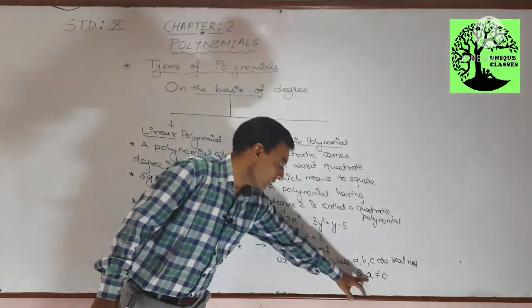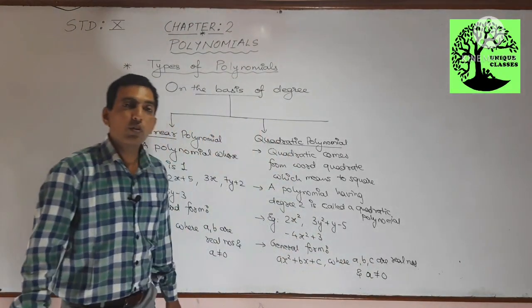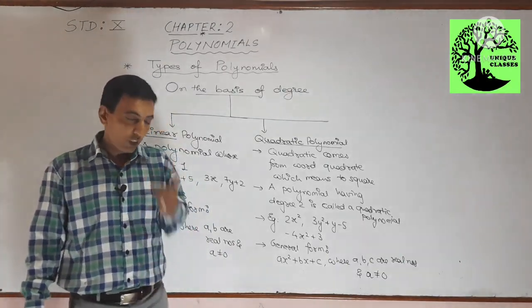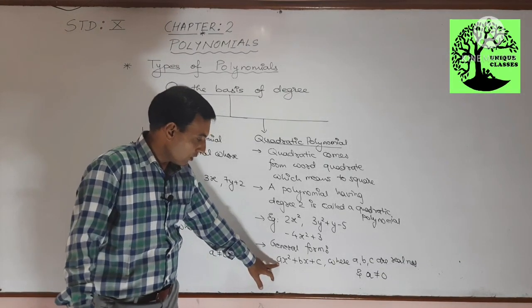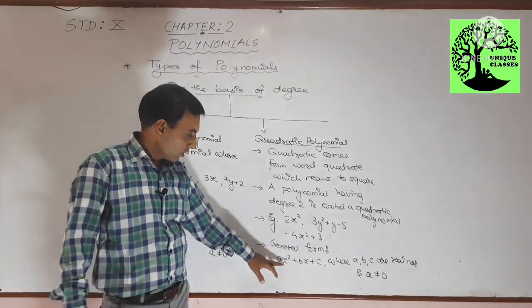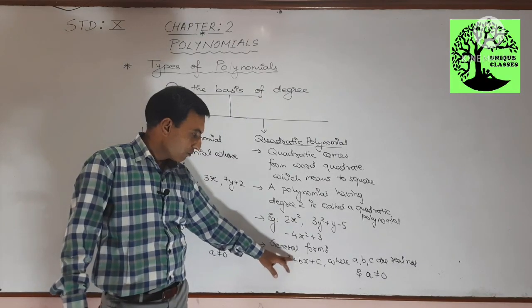Now, why are we writing here that a should not be equal to 0? Suppose you assume that, student, a is 0. Now a is the coefficient of x square, as you can find in the general form. So, this whole term becomes 0.